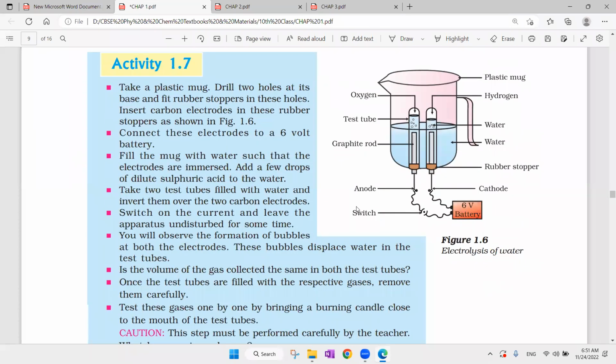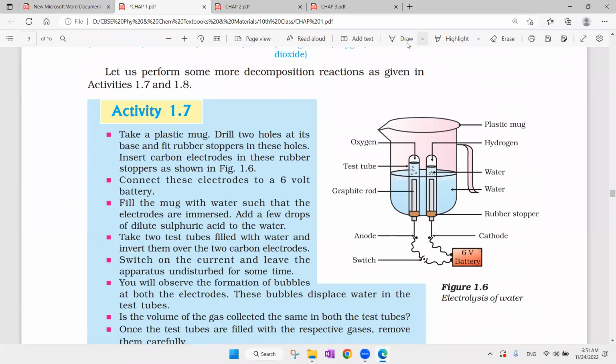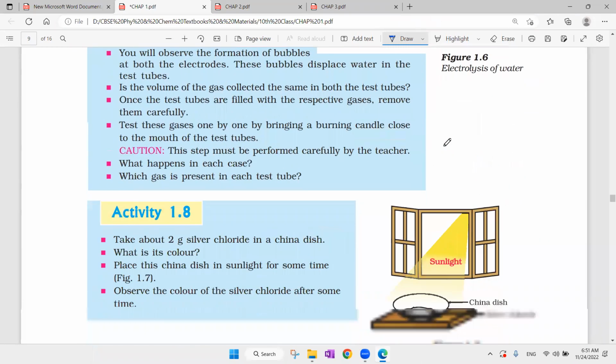In H2O, if you pass electricity, that splits into H2 and O2. If you want to balance, it becomes 2H2O gives rise to 2H2 plus O2. That you have to learn from this.